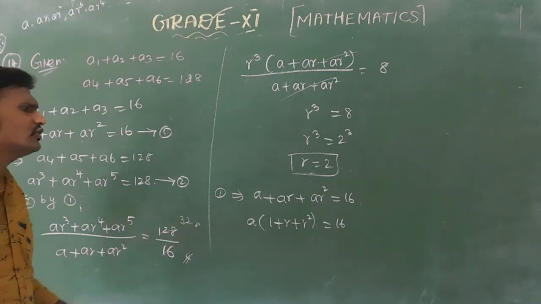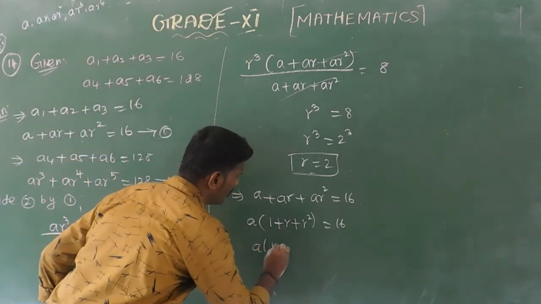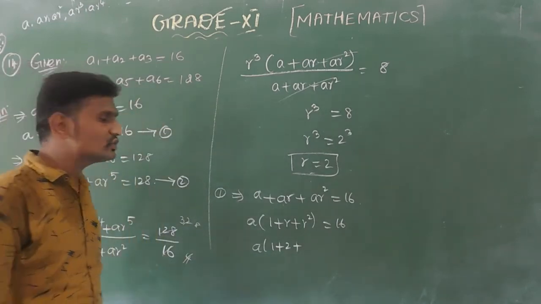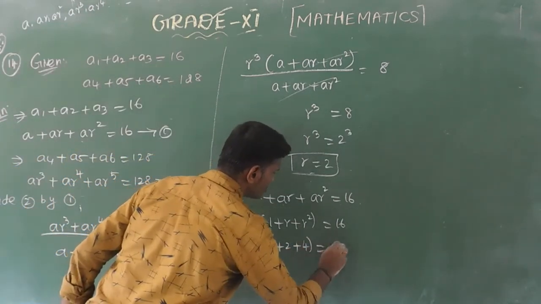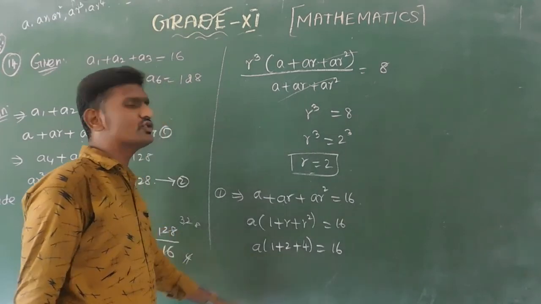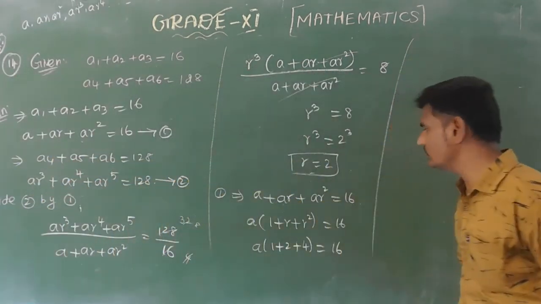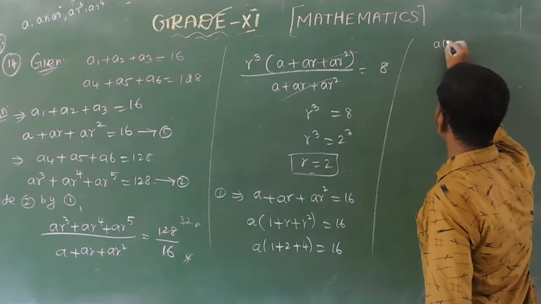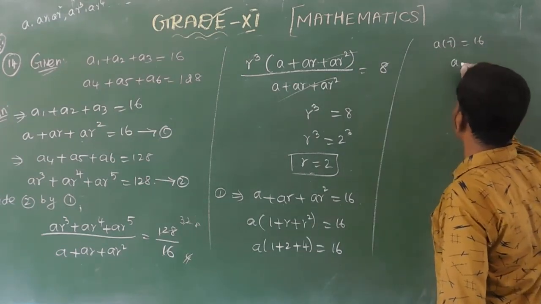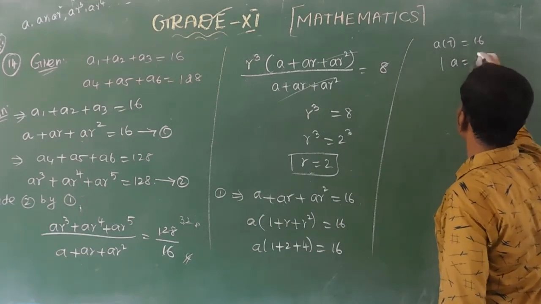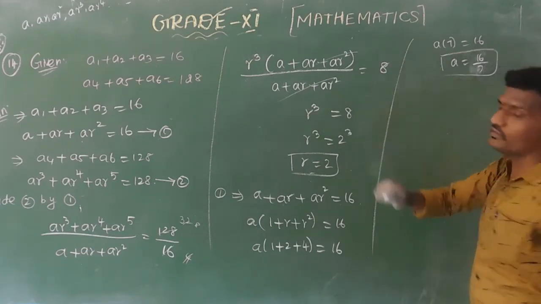Now I am going to substitute. a into 1 plus 2 plus 2 square, which is 4, equals 16. So 1 plus 2 is 3, 3 plus 4 is 7. So a into 7 equals 16. So the value of a is 16 by 7.